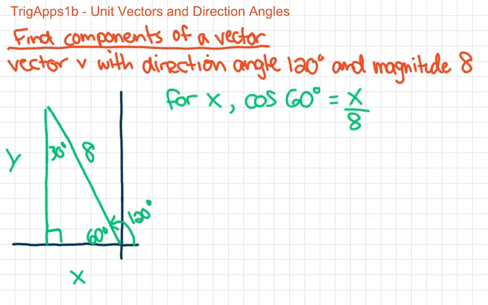And that means cosine 60 equals x over 8. Cosine 60 is adjacent over hypotenuse. And if we solve that in the calculator, punching in cosine 60 is going to give us 1/2. But when we look at our picture, we notice that that 1/2 is to the left. So it's a negative 1/2.